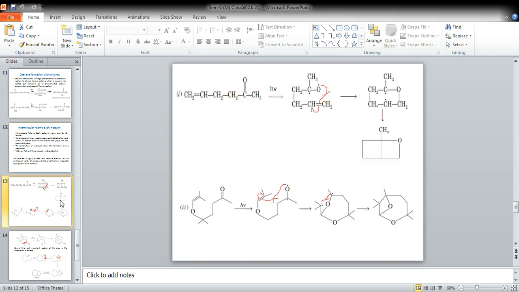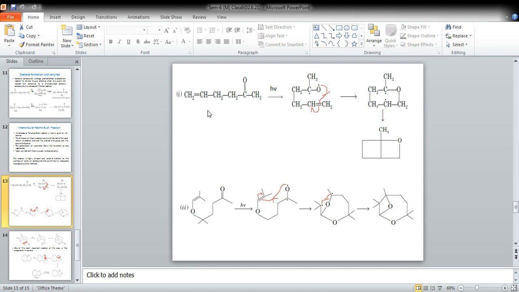So see in this particular example, this is the example where we have taken C=O and C=C in the same compound. With respect to this C=O, the C=C is at the gamma-delta position because this is alpha carbon, beta carbon, gamma, then delta.